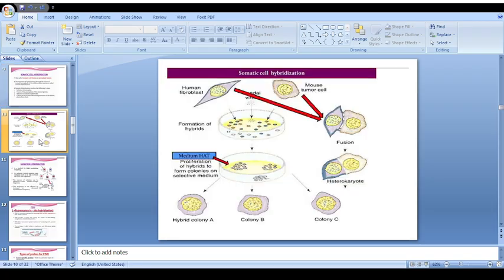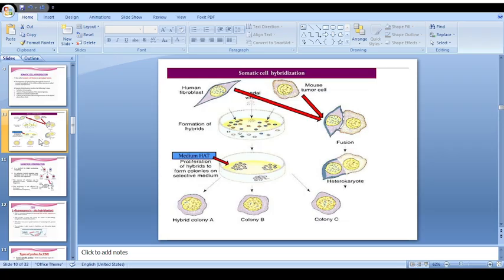But in the case of the animal cell, we take human fibroblast and mouse tumor cells, and they are fused together. Since it is a totally different species, mouse is the animal species and human is different. When they fuse together, we get the nuclei of the two cells mixed together to form the heterokaryote.